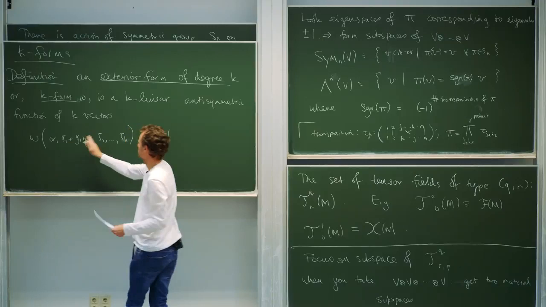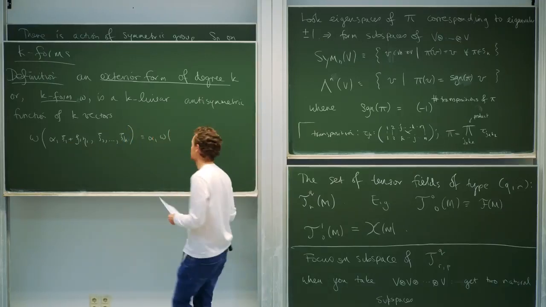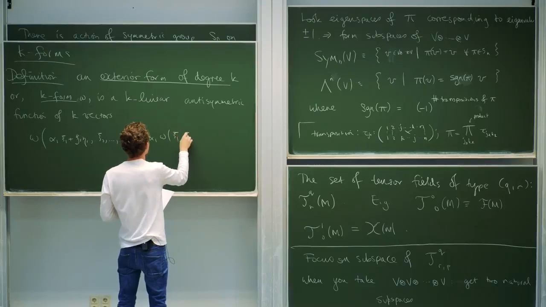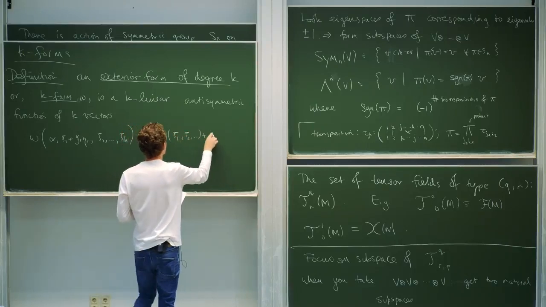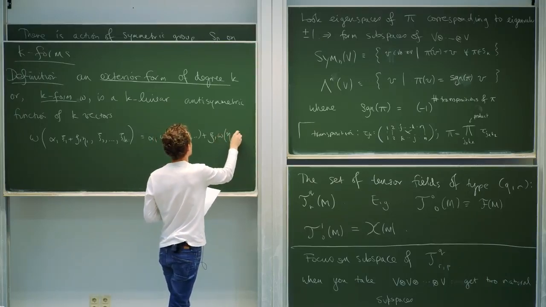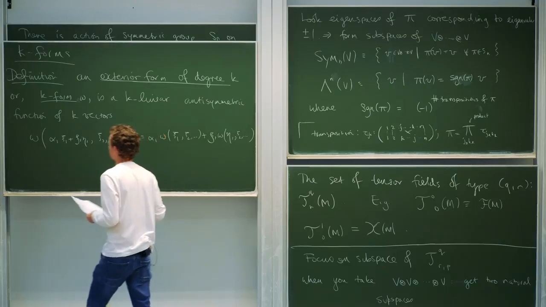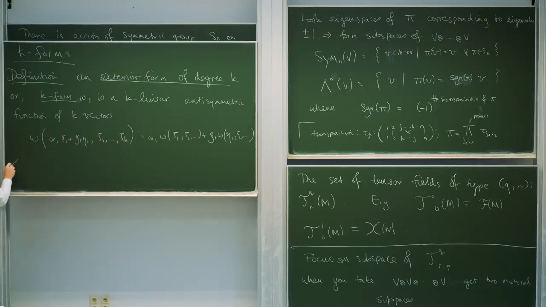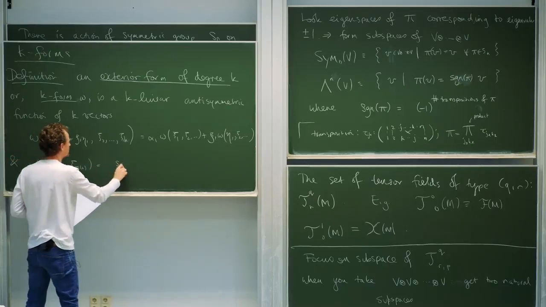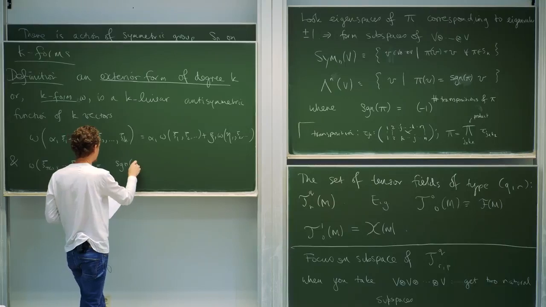So it's got to be linear in each entry. It's a k-linear function. And it's got to be antisymmetric, meaning that if we do some permutation of these arguments, we're going to pick up the sign of the permutation that we do.